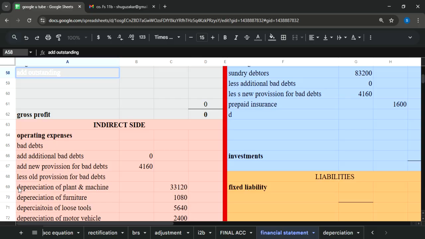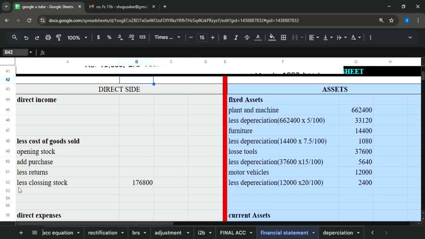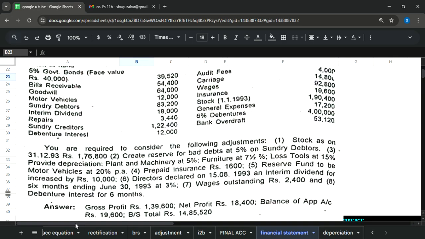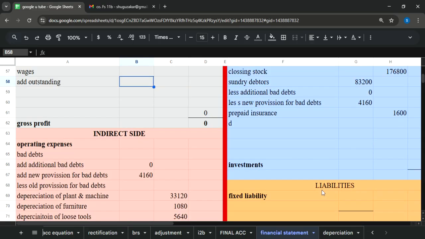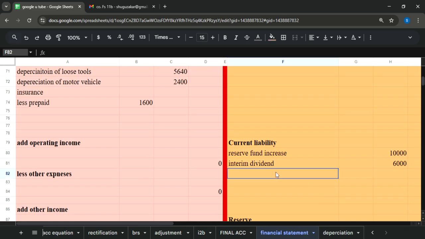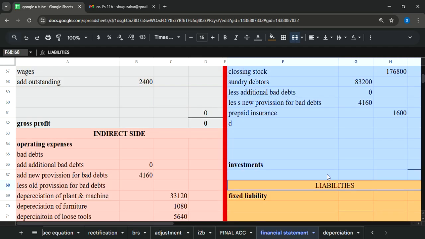The amount of wages outstanding is 2400. So here 2400 in the direct side, and then we will go to the current liability side, and wages outstanding would be recorded over here, 2400.